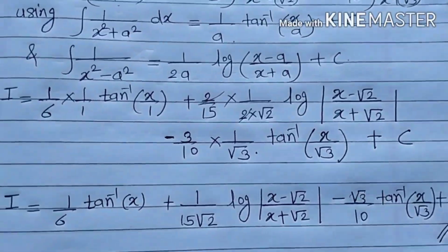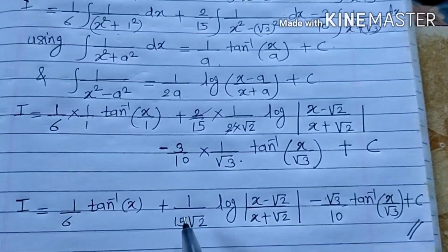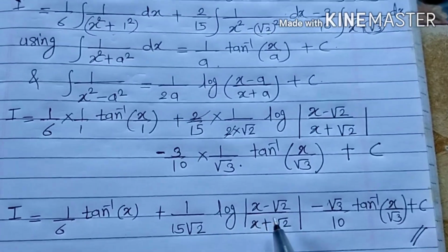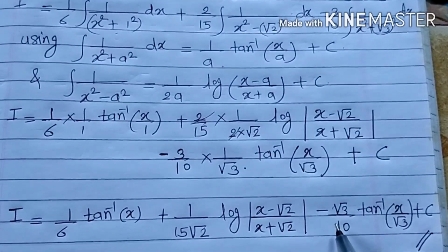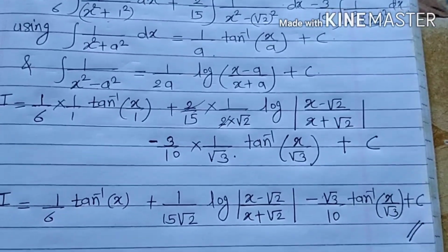So this is our answer: 1 upon 6 tan inverse x plus 1 upon 15 root 2 log of x minus root 2 upon x plus root 2 minus root 3 upon 10 tan inverse x upon root 3 plus c.